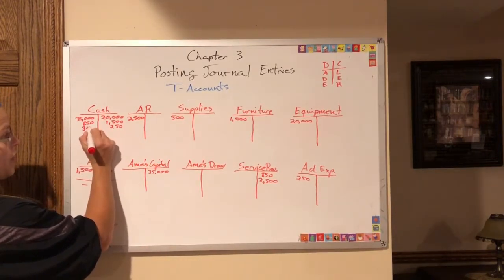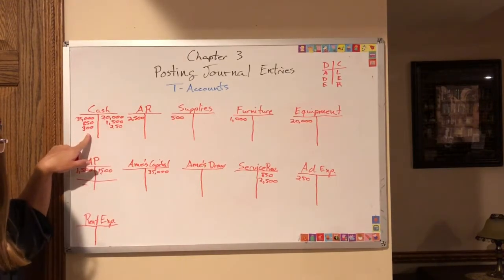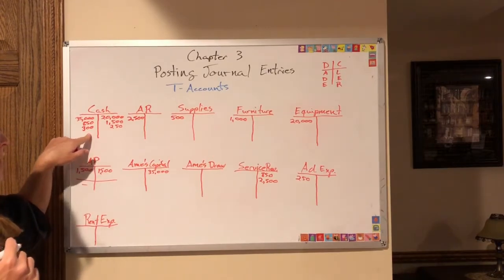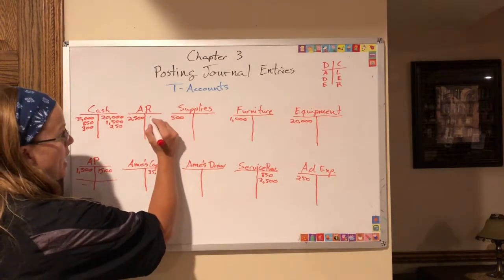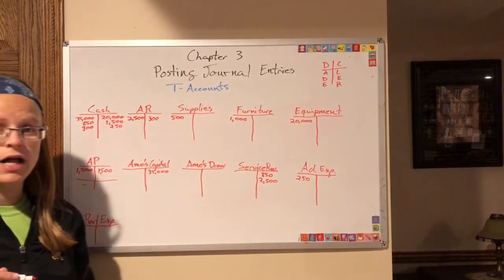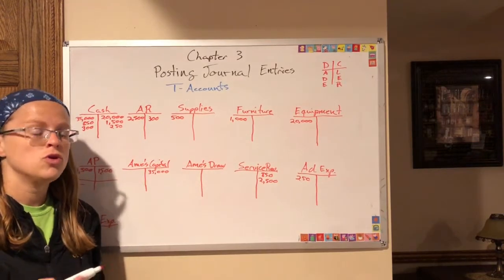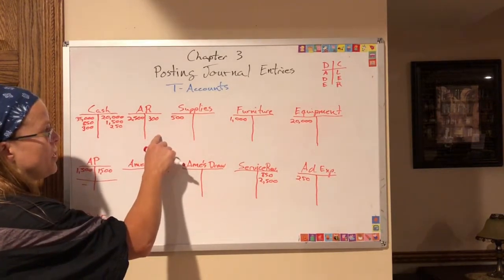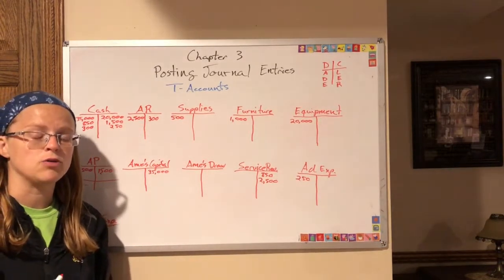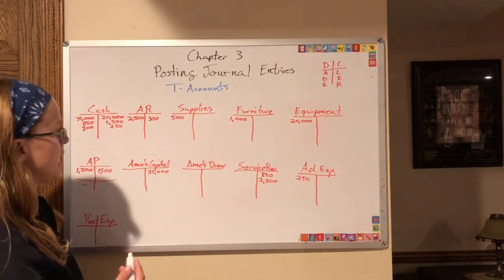So we see $300 on the debit side of the cash account because we were paid that $300. And we see a credit on the accounts receivable account of $300 because that $300 is no longer owed. So when we tally this up, we know that they only owe us $2,200, not $2,500. All right? So that's that transaction.